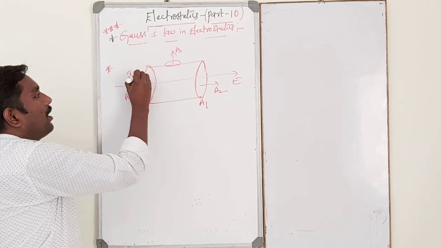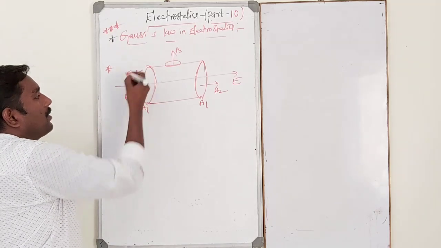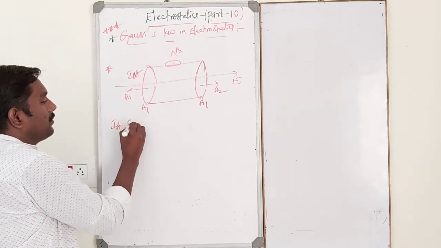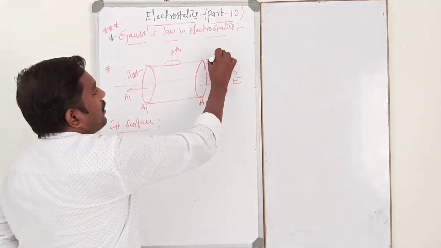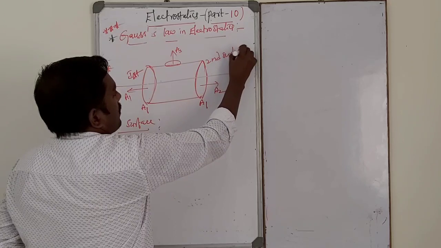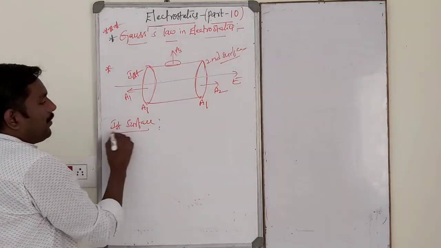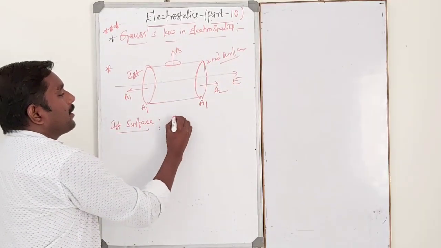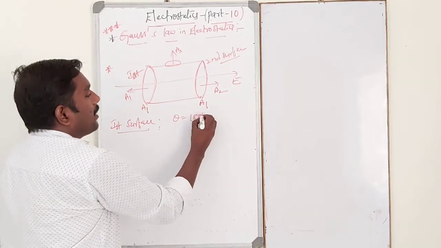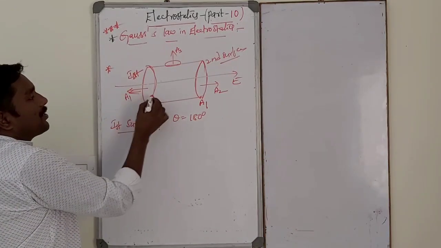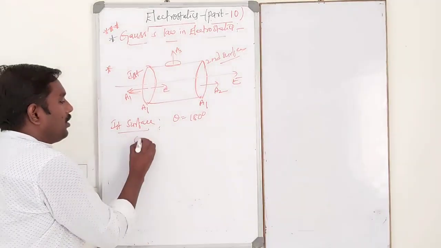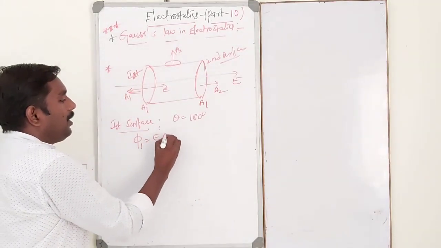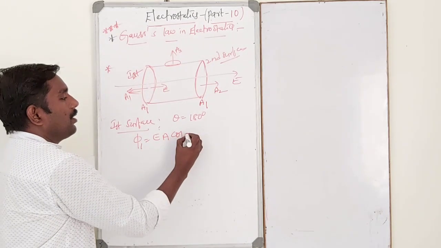See, flux, first surface. This is the first surface, this is the second surface. For the first surface, theta is 180 degrees, because this is the area direction and that is the field direction. So flux phi 1 is equal to EA cos 180 degrees.